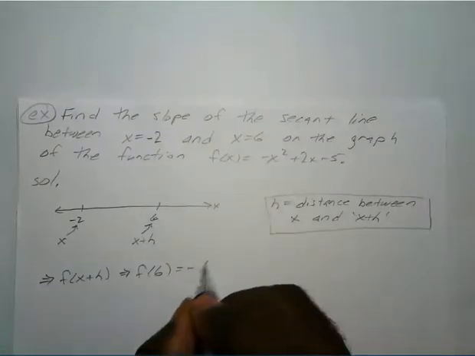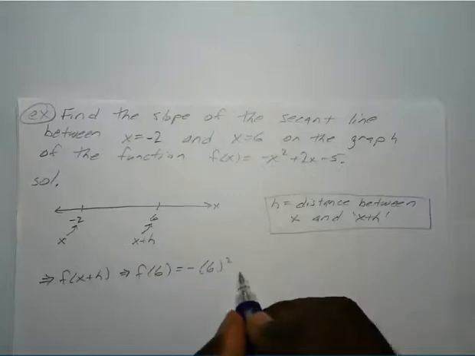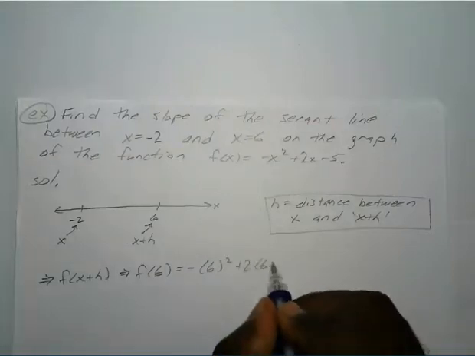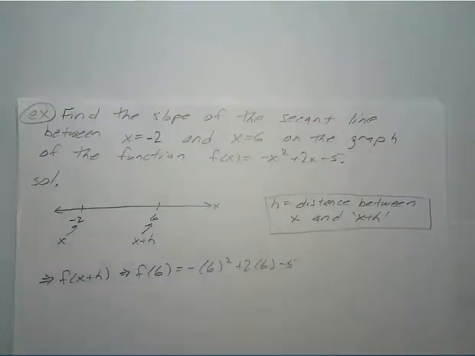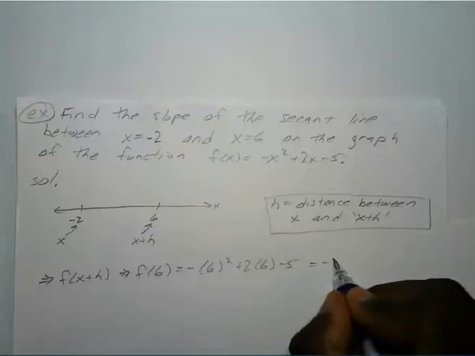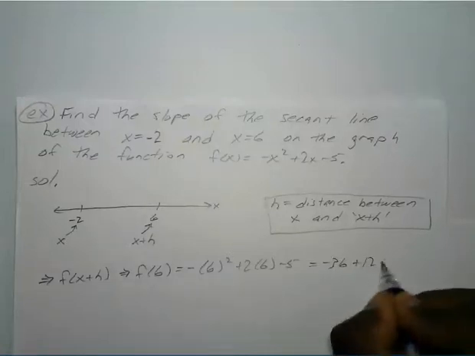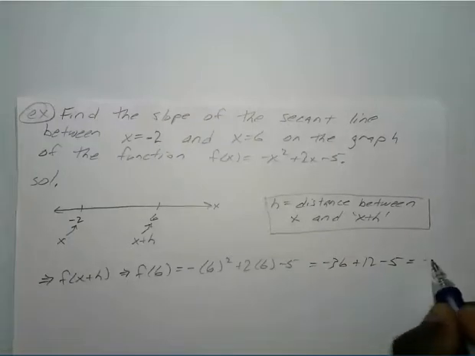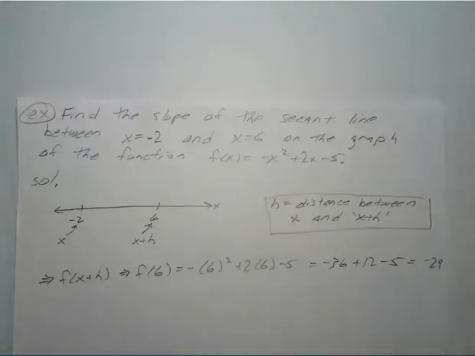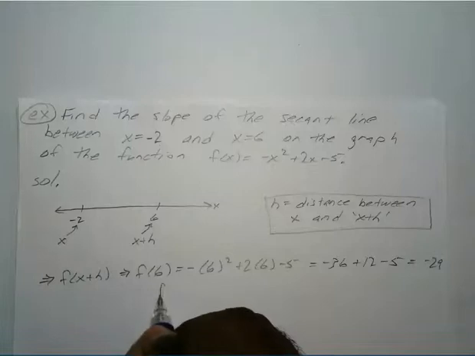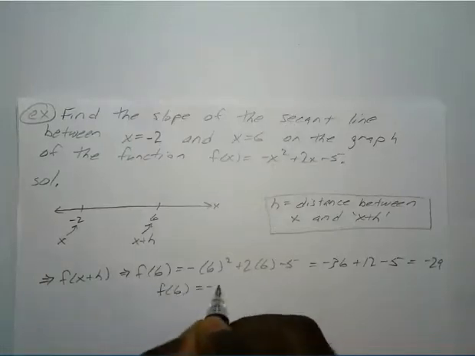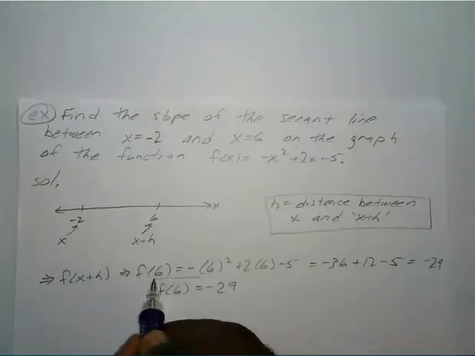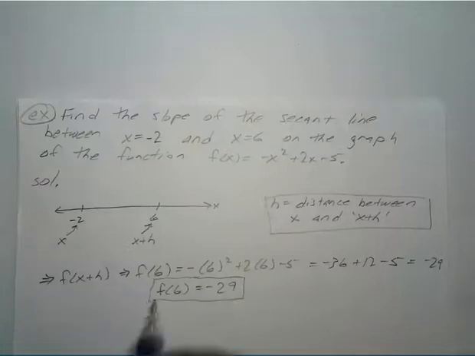So that's -6 squared plus 2 times 6 minus 5, which equals -36 plus 12 minus 5, which is equal to -29. So your f of 6 is equal to -29. We're going to need that, so we're going to go ahead and put a little square.